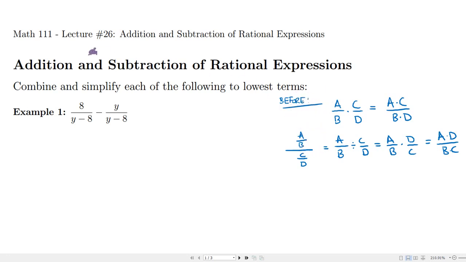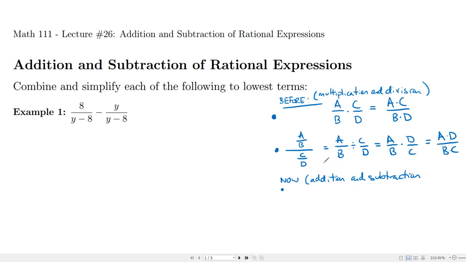Now we're dealing with addition and subtraction, so we have to be a little bit more careful. That was multiplication and division, and now we have addition and subtraction.